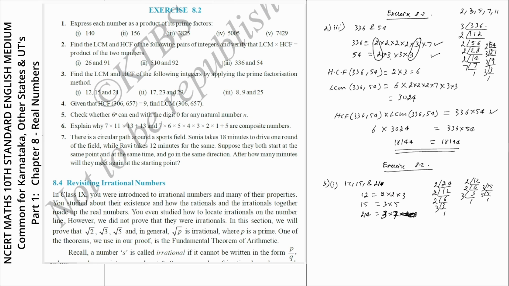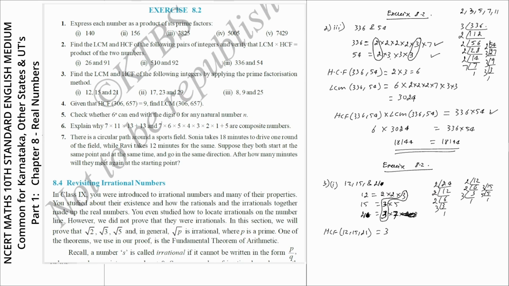Okay, the factors of 21 are 3 into 7. Now among these 3, which is the common one? 3 is common. Okay, 3 is the common factor. So the HCF of 12, 15 and 21 is 3.